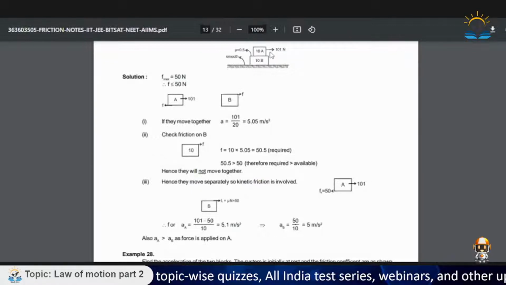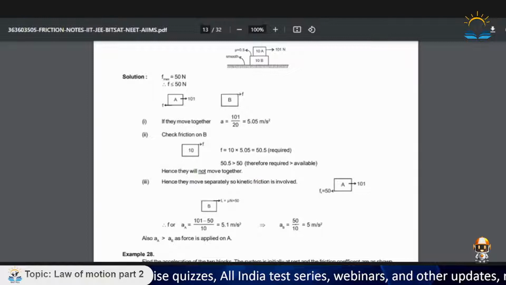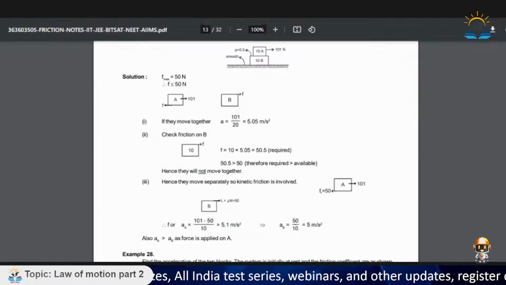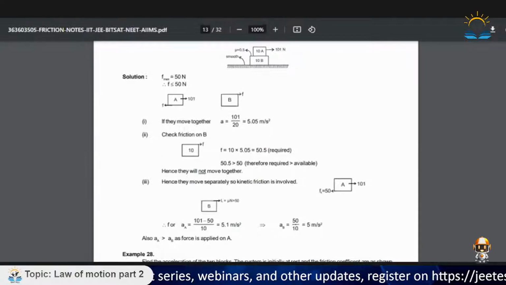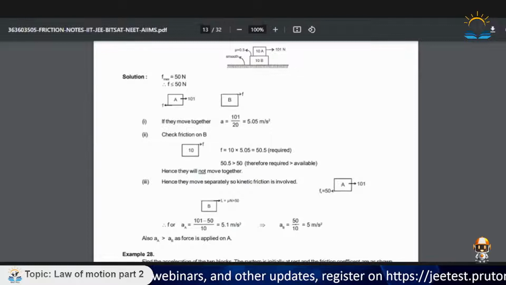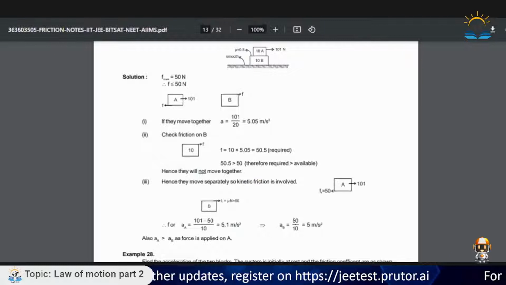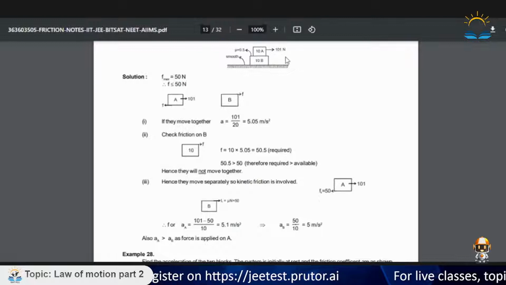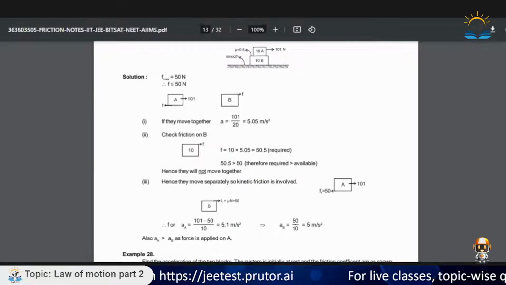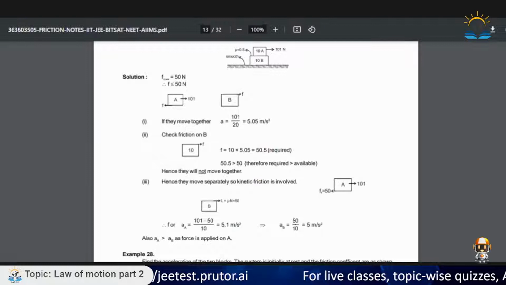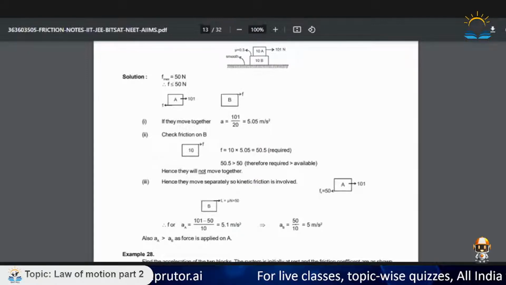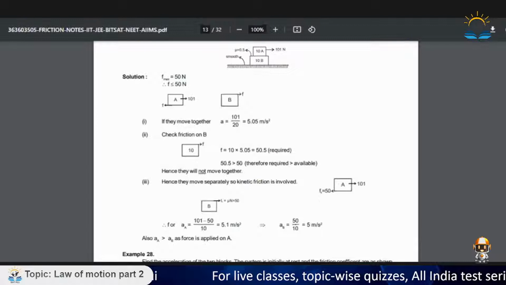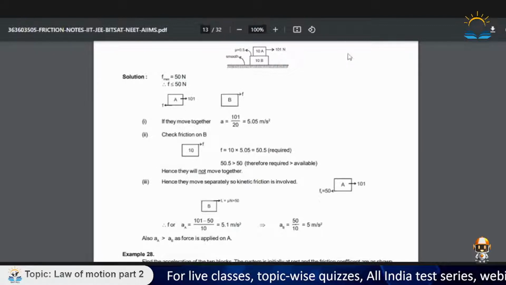A would be moving forward and it will have velocity more than B because no force is acting on B and only a force is acting on A. So A will have a velocity to the right, and since its velocity is greater, B will also have a velocity to the right, and since the velocity of A is greater than the velocity of B, the relative velocity is also to the right.